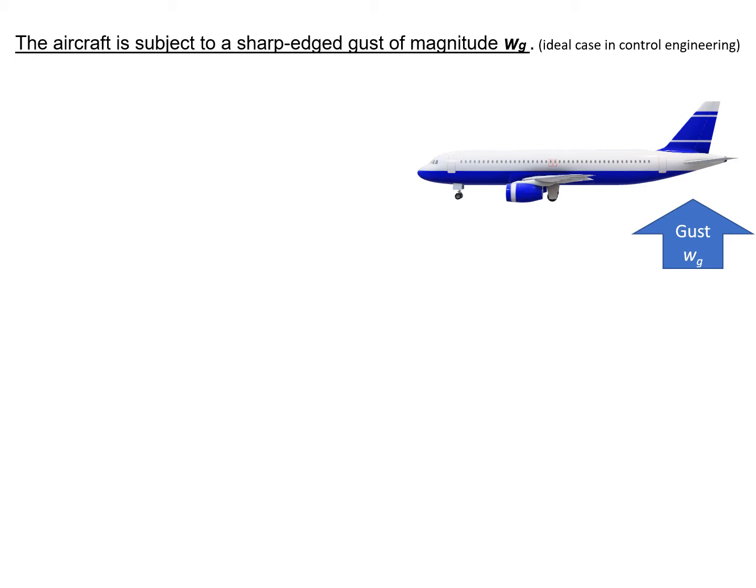In this case, the aircraft is subject to a sharp-edged gust of magnitude Wg, and the gust is moving upward. We would say it's an ideal case from the control engineering point of view, but in reality it's not like this, and we will see a more realistic model later.